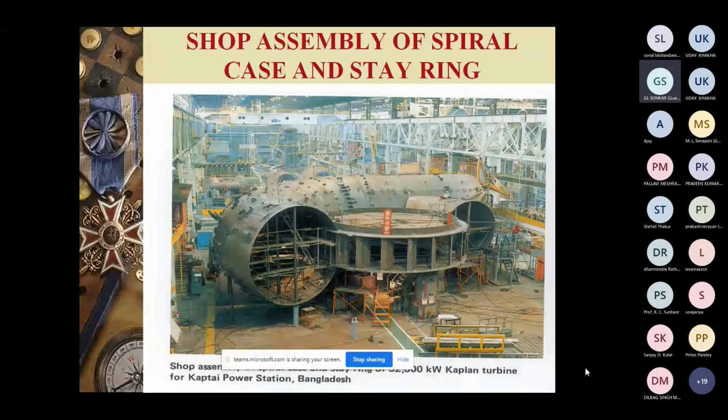So the intention is to make the flow of water directional. That means you provide direction, you make it a vector towards the blades of the turbines. That's why we are putting the stay vanes. These vanes guide the water to flow towards the turbine runner.